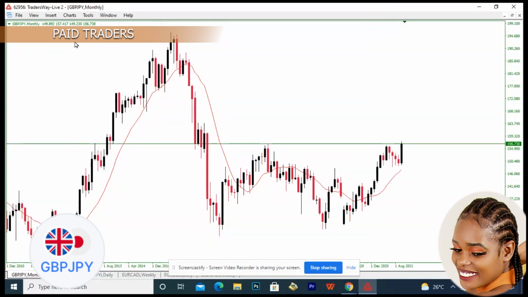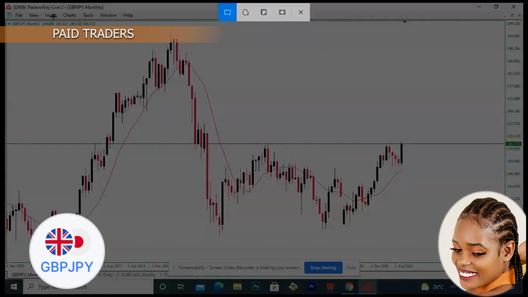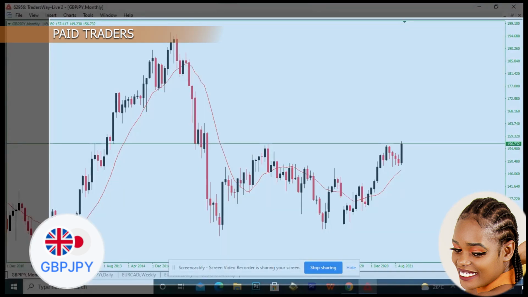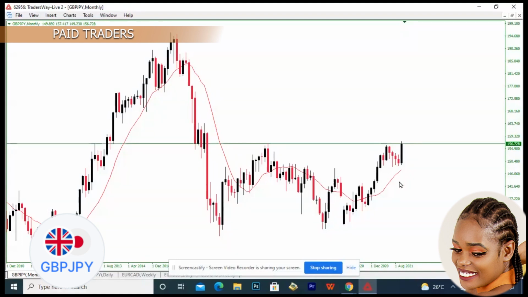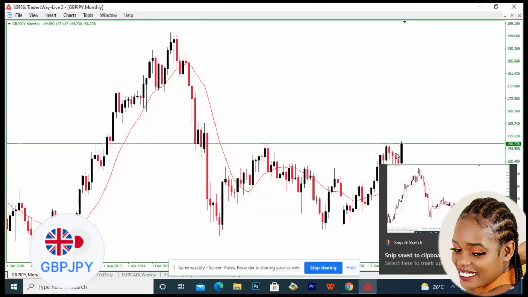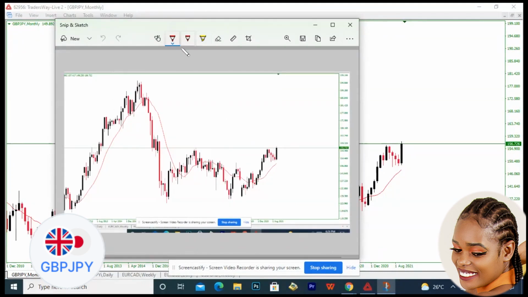For example, this chart. This is what is happening right now. So you start observing from this area.